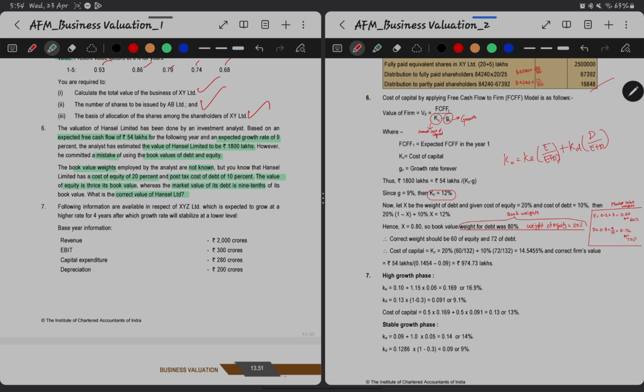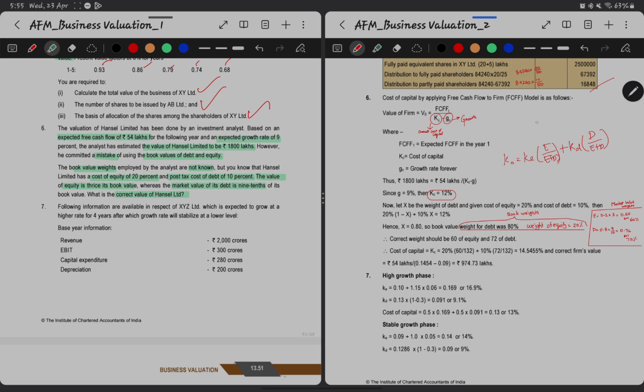So if we find one weight, then we can easily find the other weight, because the total is equity plus debt only. There is no other information; the book values of debt and equity only they've given. So only debt and equity is there.